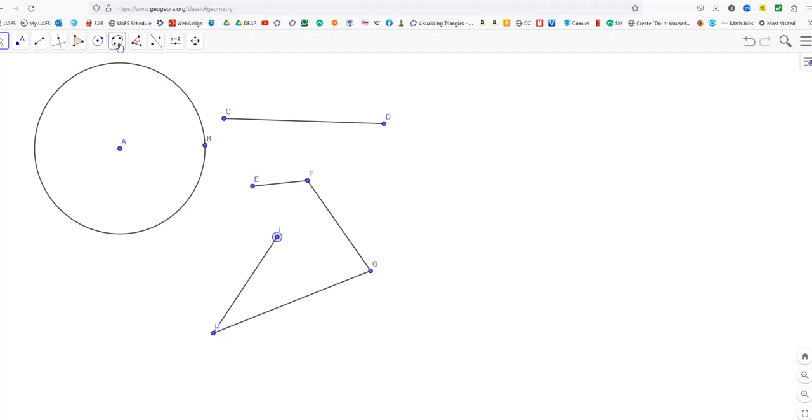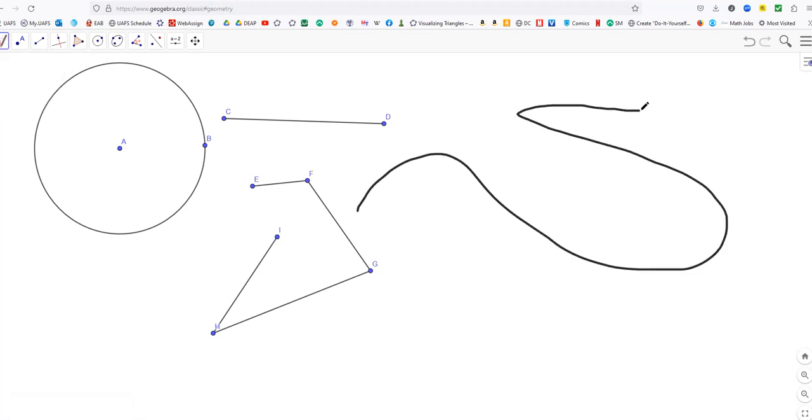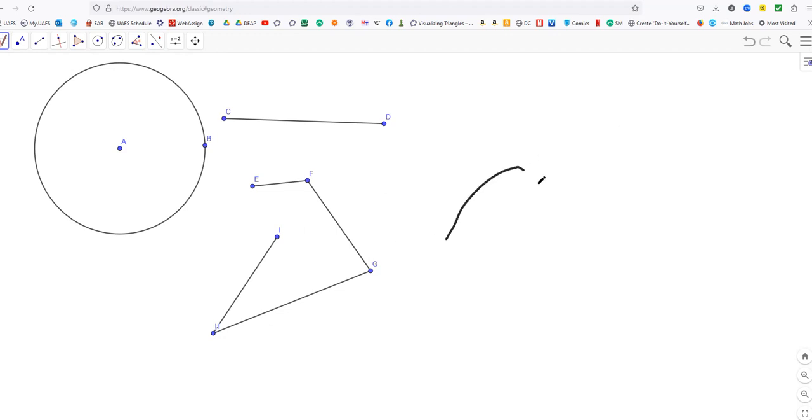Okay, let's see what else I can do here. There's a simple plane curve, not polygonal.